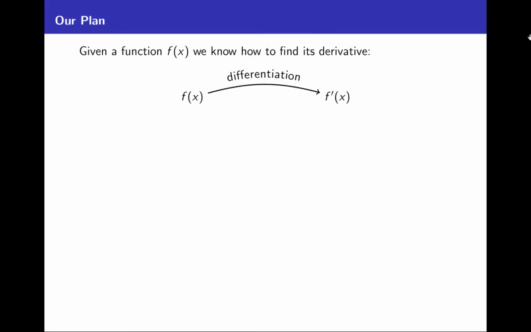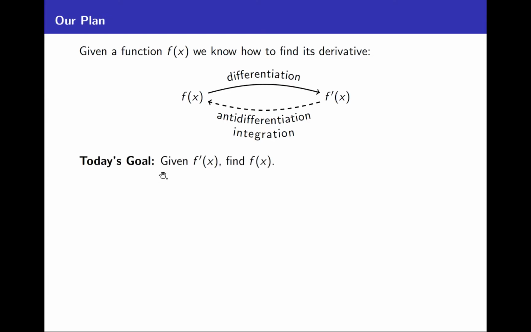And here's our plan. Given a function f of x, we certainly know how to find its derivative. From f of x, we apply a process called differentiation to get f prime of x. What we're going to start to do today is to run that process in reverse with a process called antidifferentiation or integration.